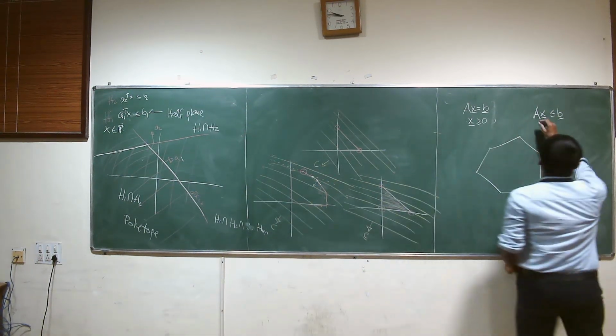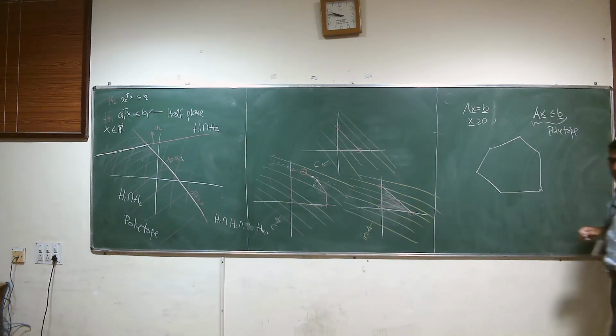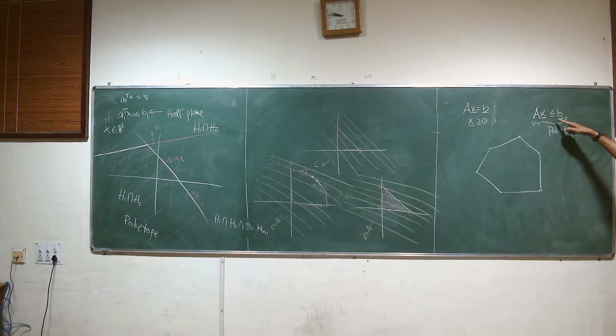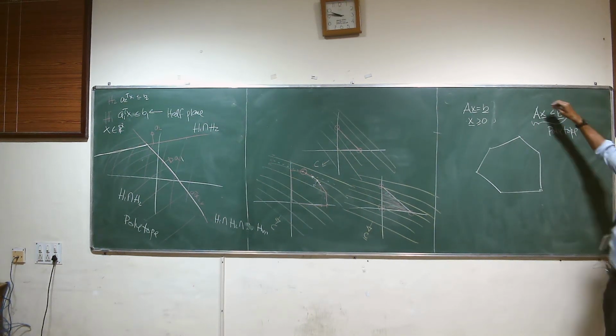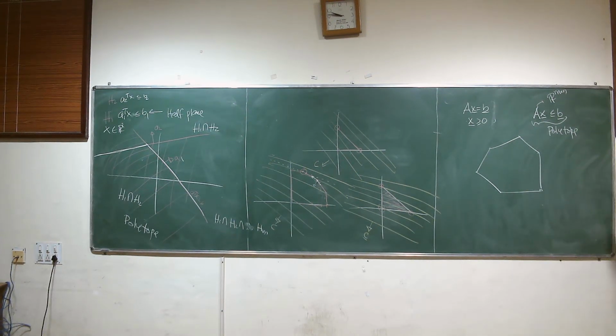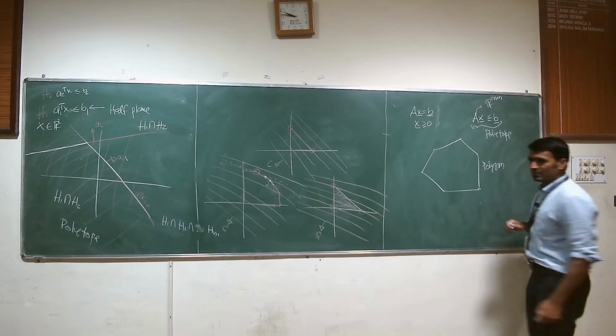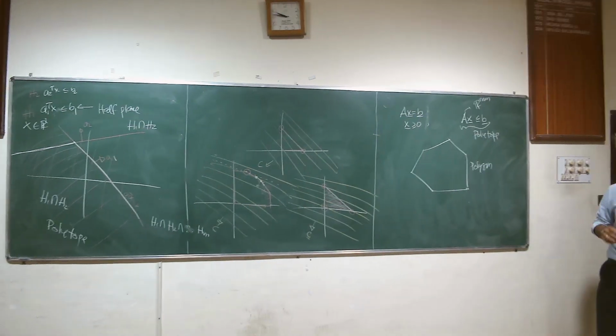So this really represents a polytope, essentially the intersection of m half planes, where this is m cross n. Whenever you have a polytope that is non-empty and bounded, finite in size, then that's a polygon. It's simply a bounded polytope that's non-empty.